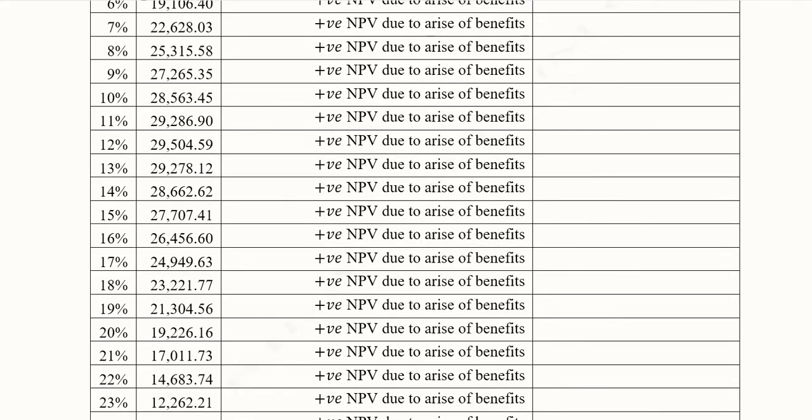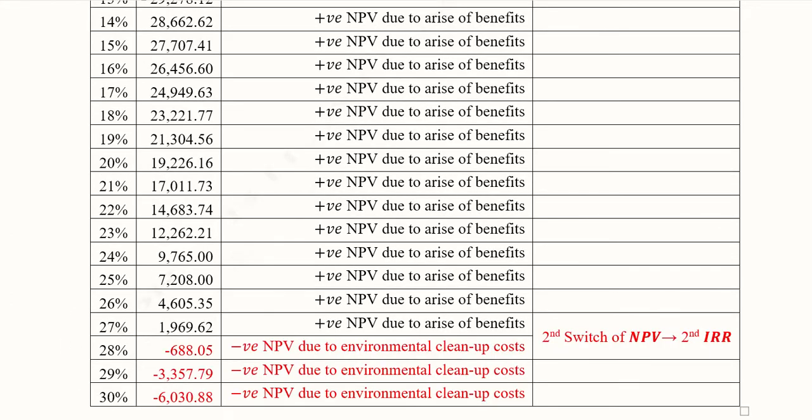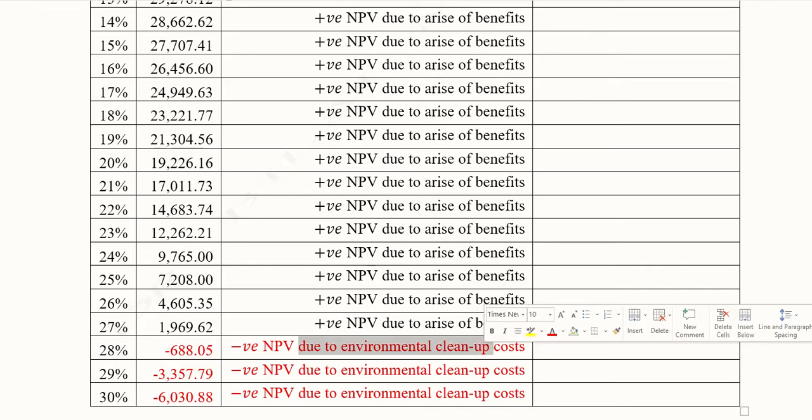Now it is further decreasing as I'm increasing the discount rate. At the 27% discount rate it is still positive, but afterwards it is negative at 28%, and then 29%. It further decreases in terms of its negative value, and these can be attributed to the environmental cleanup costs.